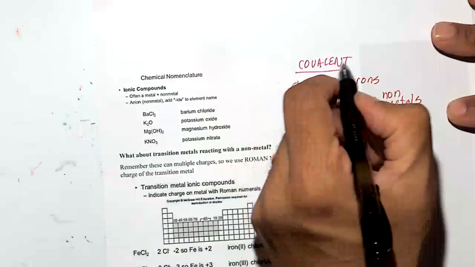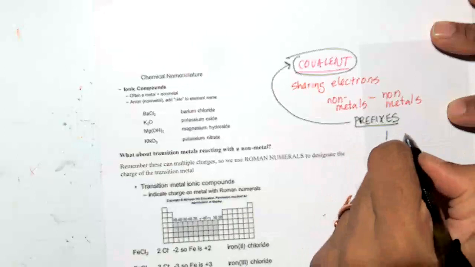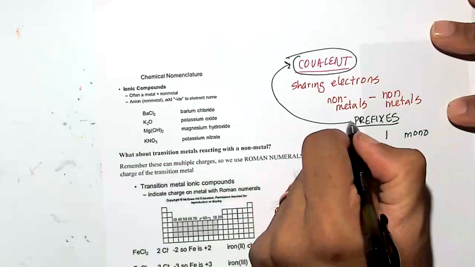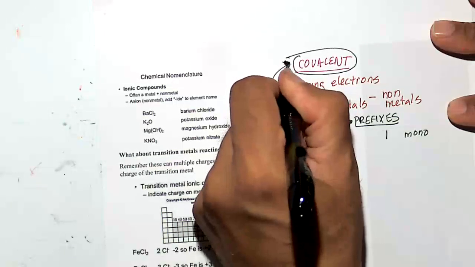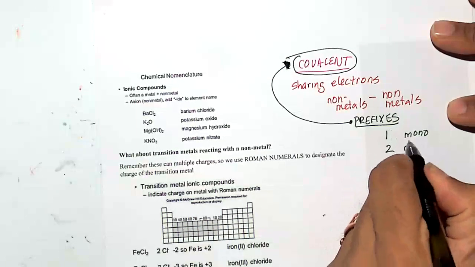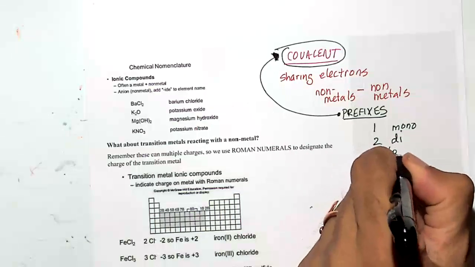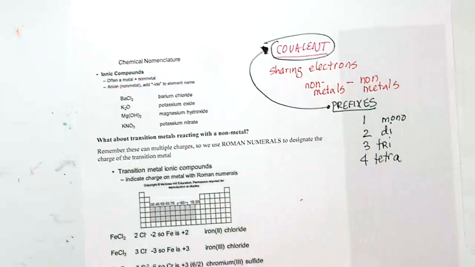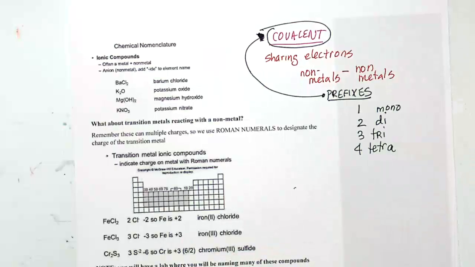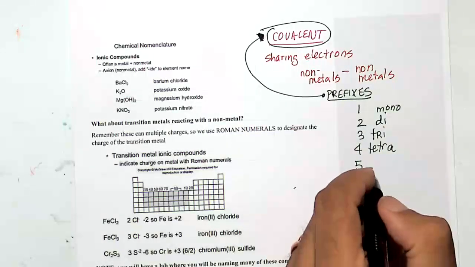Yeah, very good. So what's one? Mono. What's two? What's three? Four? Tetra. Though quad is a good one. I like it. Quad. It's not quad, it's tetra.